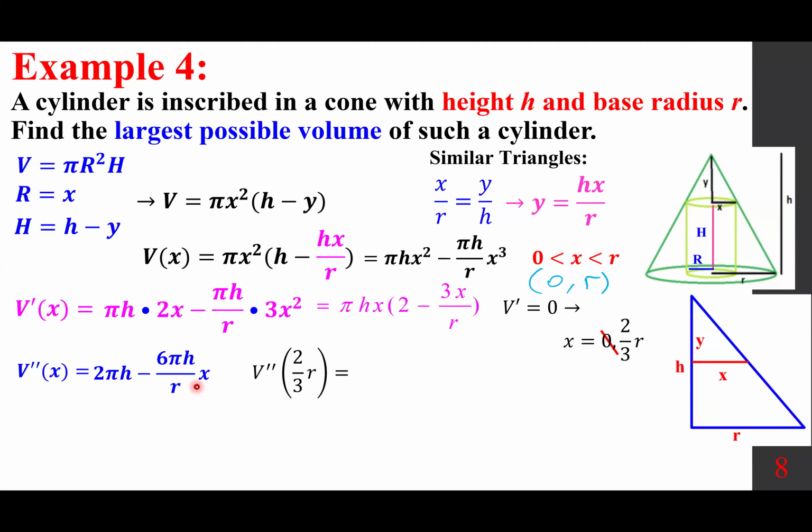So let's plug in 2/3 r instead of x here. So this is 2 pi h minus 6 pi h over r times x, which is replaced with 2/3 r. 6 times 2, 12 divided by 3 is 4.